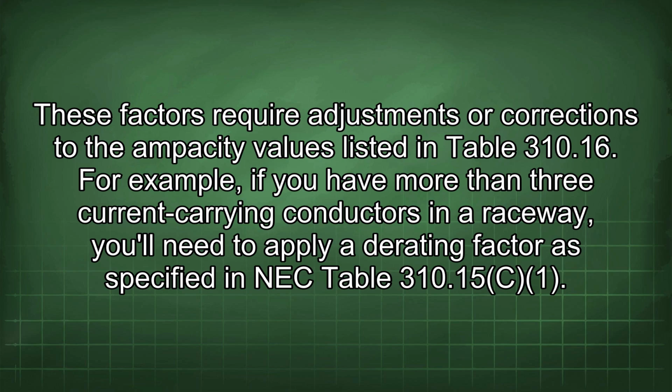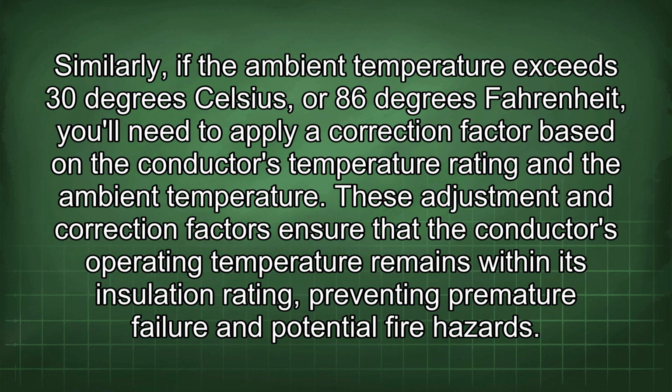For example, if you have more than 3 current-carrying conductors in a raceway, you'll need to apply a derating factor as specified in NEC Table 310.15(C)(1). Similarly, if the ambient temperature exceeds 30 degrees Celsius or 86 degrees Fahrenheit, you'll need to apply a correction factor based on the conductor's temperature rating and the ambient temperature.